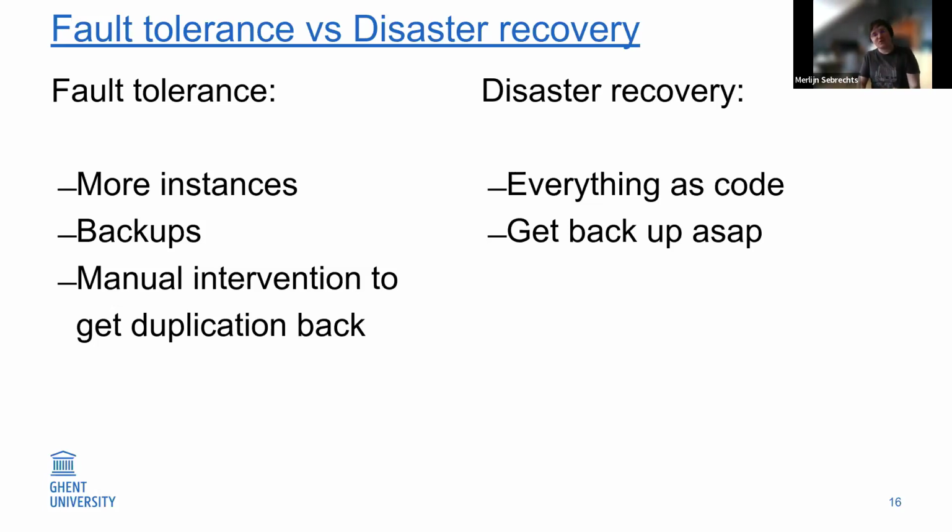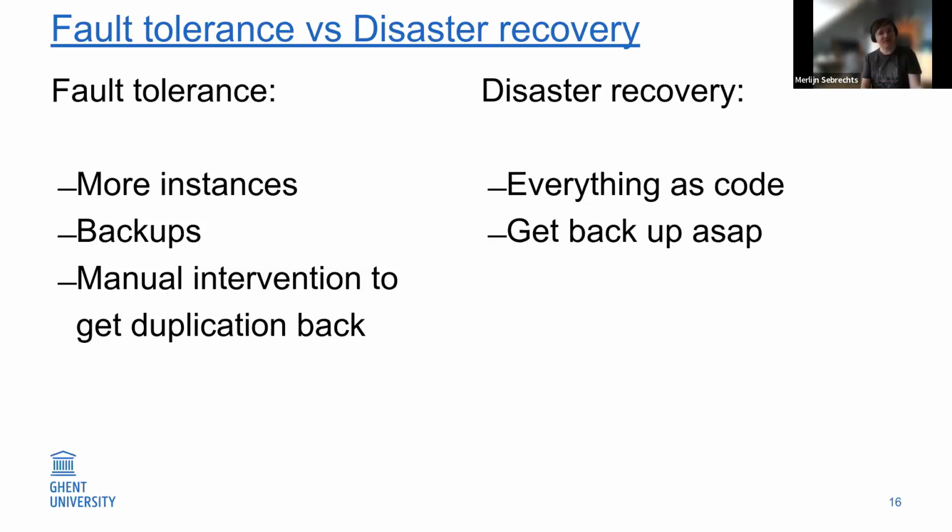There is often manual work needed, but the manual work is not needed to keep your service online. The manual work is needed to get duplication back. So if you have two database instances and one goes down, then you need manual work in order to recover that one instance that went down. But meanwhile, your service still keeps on working.